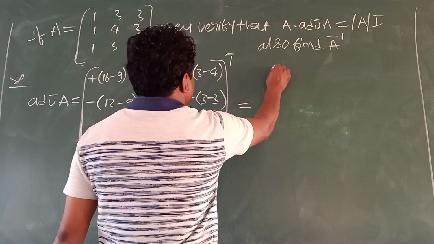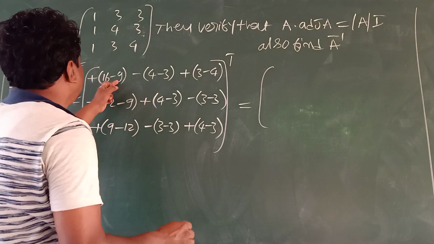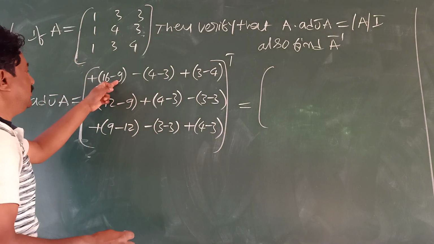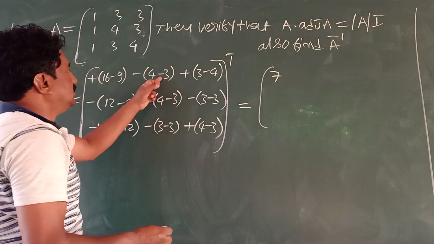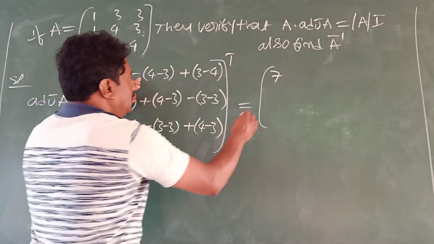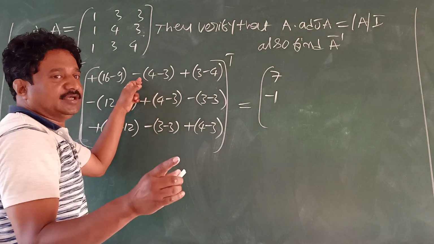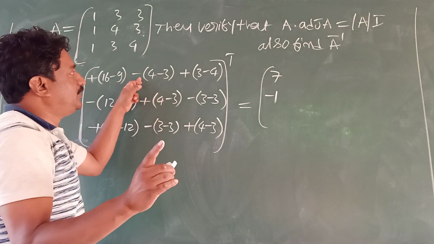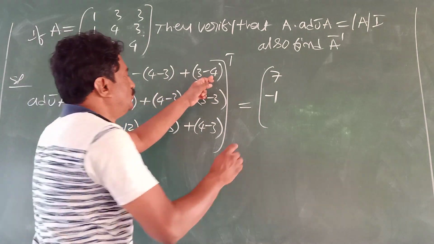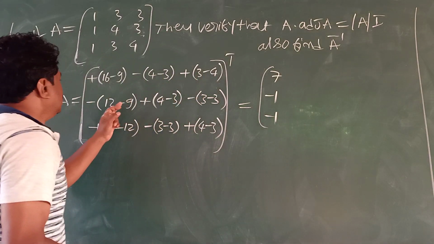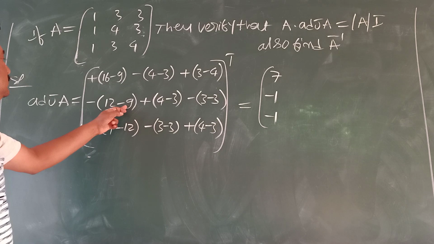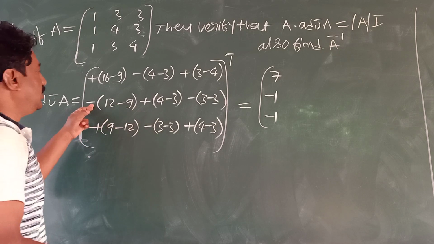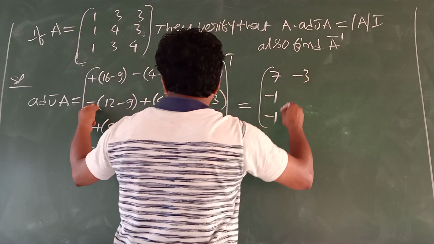So write 16 minus 9 is 7, 4 minus 3 is 1, minus 1. 3 minus 4 is minus 1, 12 minus 9 is 3, minus 3.